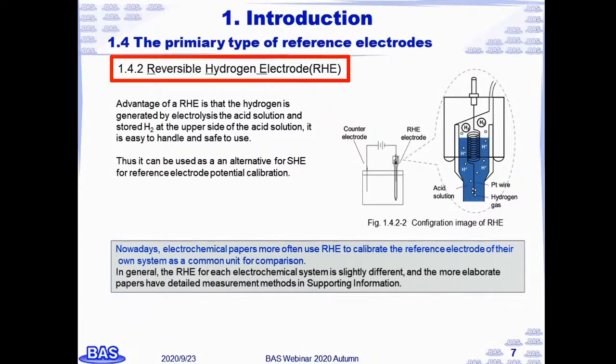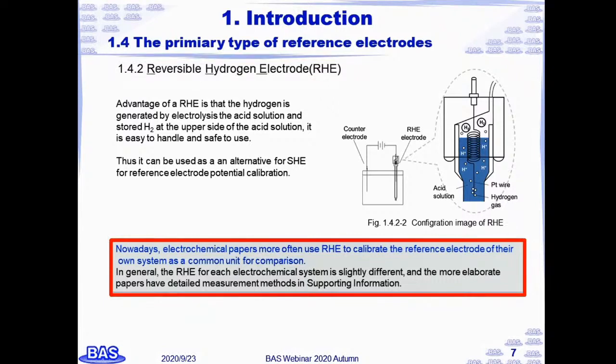The electrode potential will be almost the same as SHE at 0 volt. It can be used as an alternative for SHE. Nowadays, electrochemical papers more often use RHE to calibrate the reference electrode of their own system as a common unit for comparison.